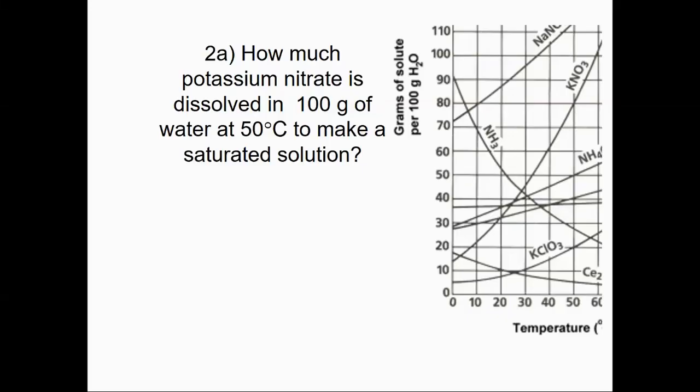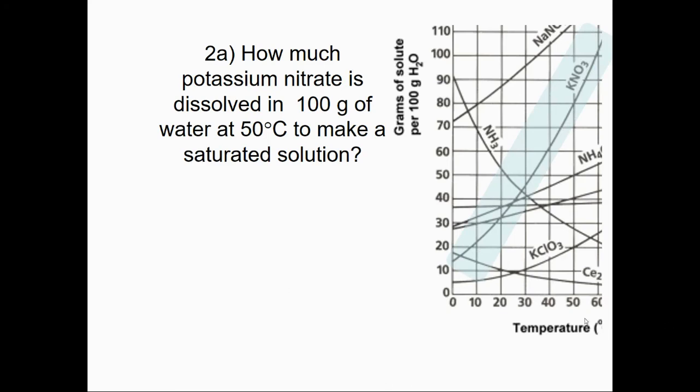The next problem reads, how much potassium nitrate is dissolved in 100 grams of water at 50 degrees Celsius to make a saturated solution? So we're looking at the potassium nitrate line right there. We're in 100 grams of water, so we're not making adjustments.